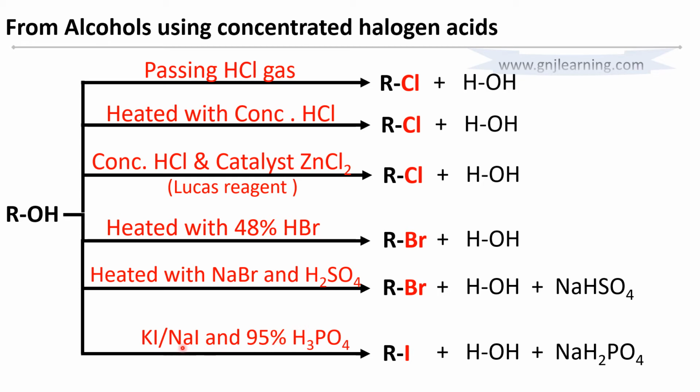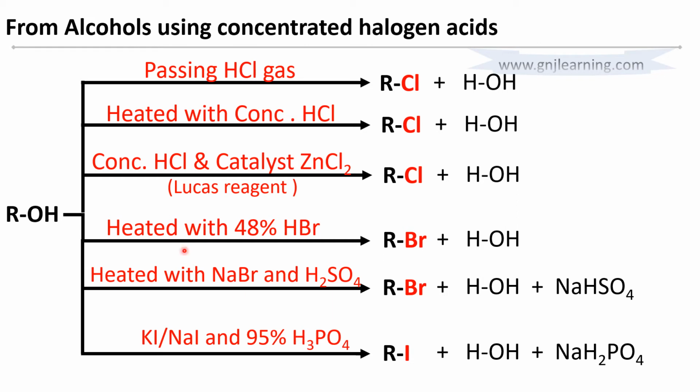You can take either sodium iodide or potassium iodide. Here I have taken NaBr; you can also take maybe potassium bromide. I mix it with 95% phosphoric acid and I will get RI. So why am I not using H2SO4 here? That's a question which we will see in the coming slides.